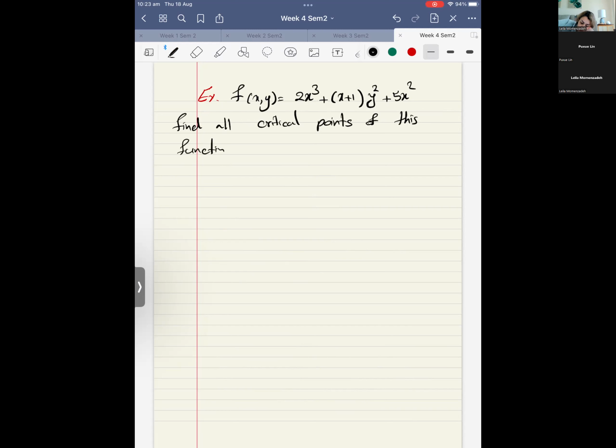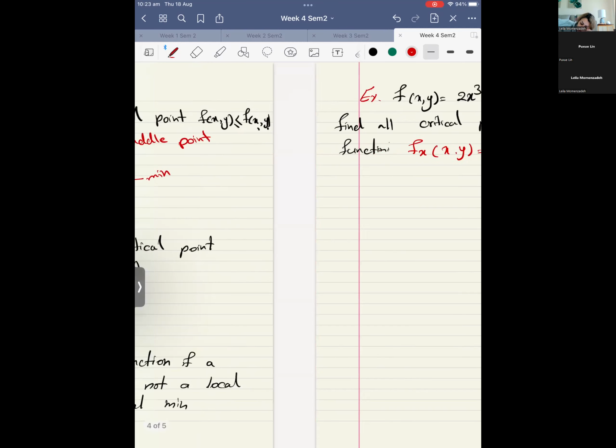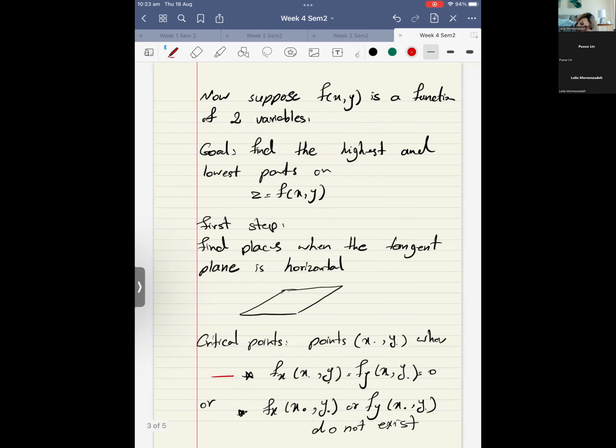What should we do? Okay, first of all, we want to check the critical points where fx(x naught, y naught) equals fy(x naught, y naught) equals 0.